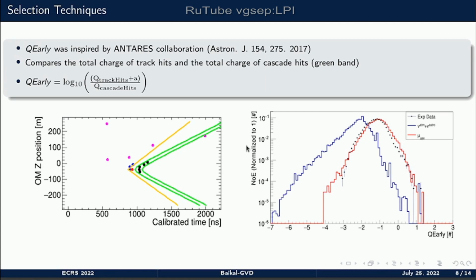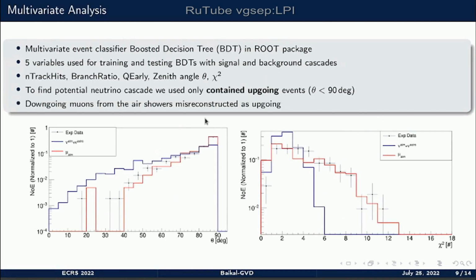And so again, the distribution of this Q-early variable is shown in the right plot. And again, we can to some extent separate between signal and background. After that, we used two more variables, especially the reconstructed zenith angle and the chi-square value after cascade position reconstruction.